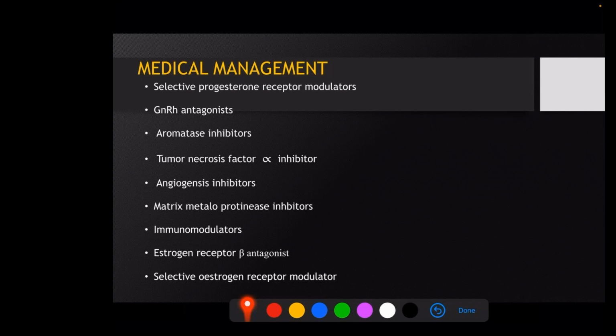Then GnRH antagonist. Antagonist means opposing GnRH.